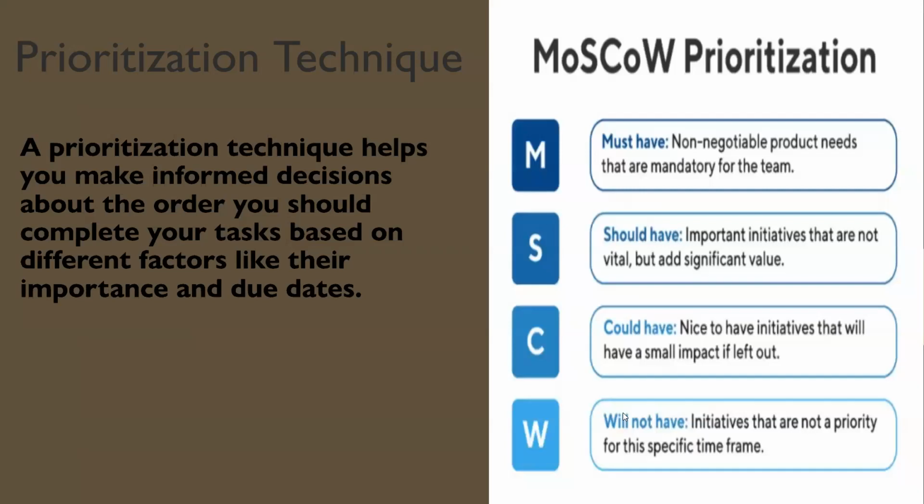I want you to know that after we have elicited requirements, we have sat down with our stakeholders, and we have listed a lot of things that we need to improve on, not every one of the requirements will be implemented immediately.